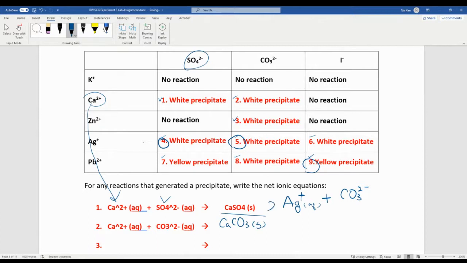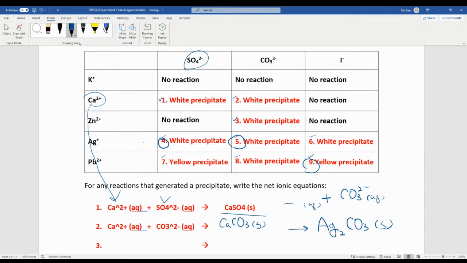So if you start with 2 silver, it should be aqueous, making silver carbonate in solid. So it should be like Ag2CO3, which is in solid, right?